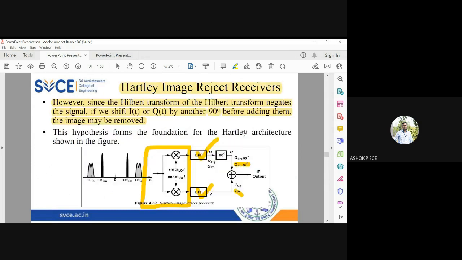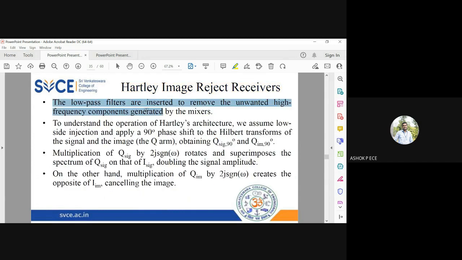The low pass filters are used to remove unwanted high frequency components. To understand the operation of Hartley architecture, we assume a low side injection and apply a phase shift of 90 degrees only to the Q arm, not to the I arm. Applying the 90 degree phase shift produces the Hilbert transform.